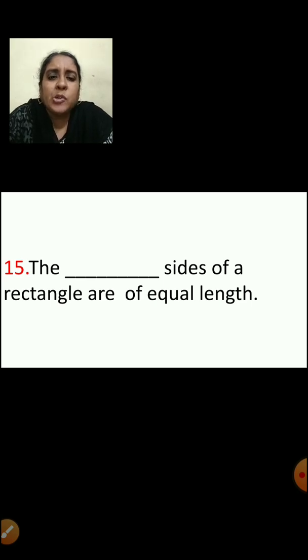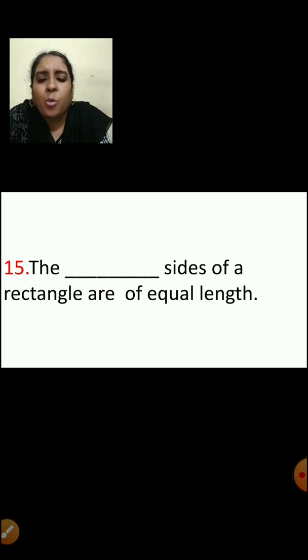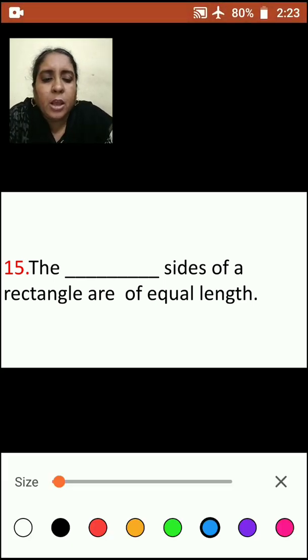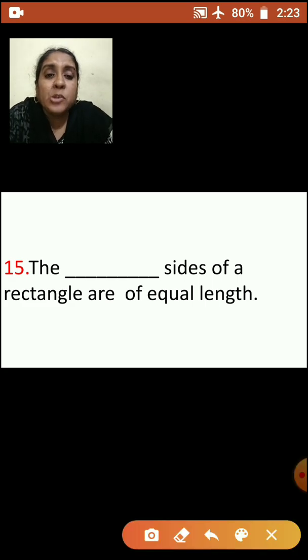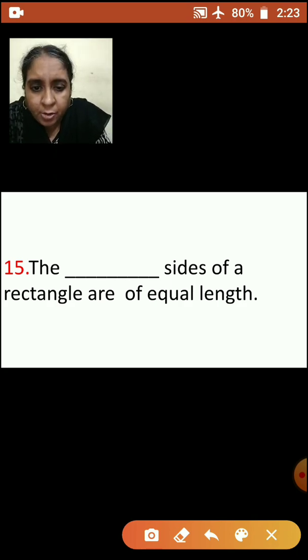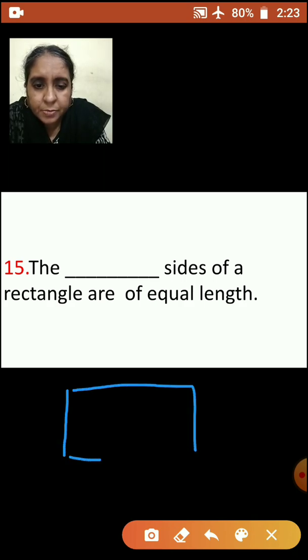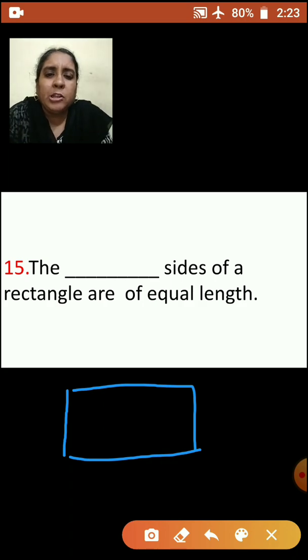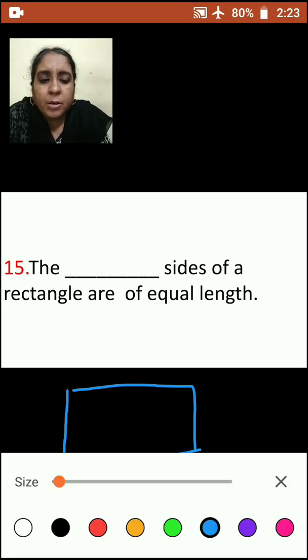Now we will see 15th question. The dash sides of a rectangle are of equal length. Now let me draw. Now I will draw a rectangle. Now when you see the rectangle, which sides are of equal length?